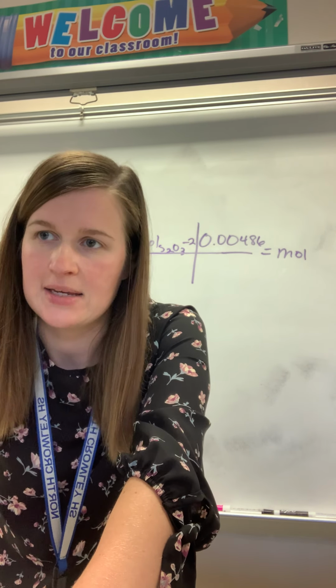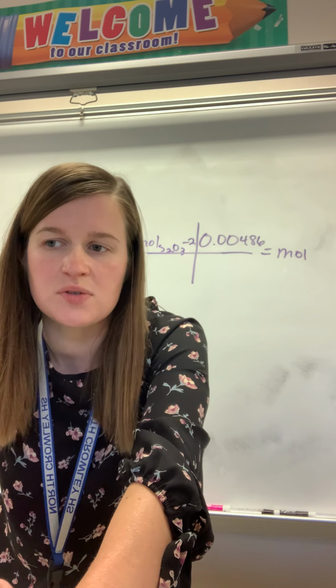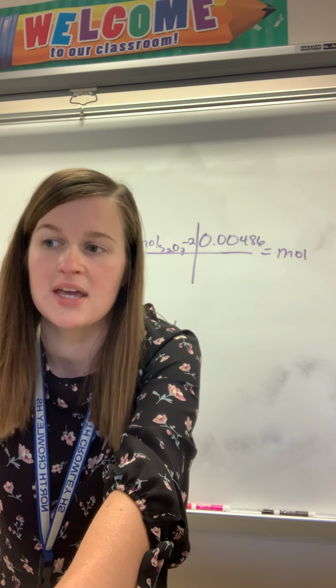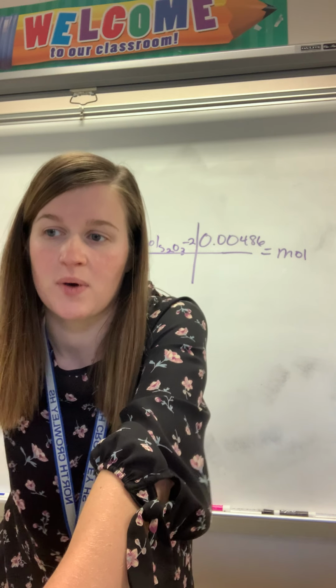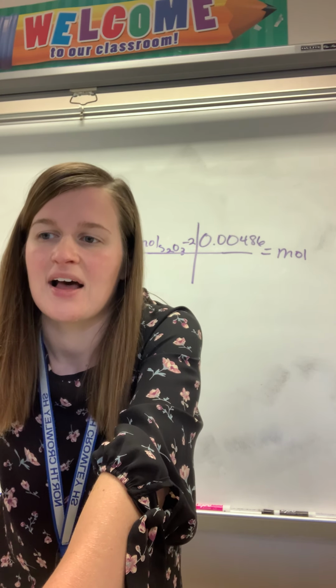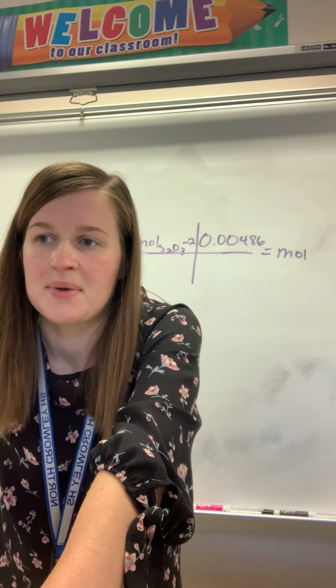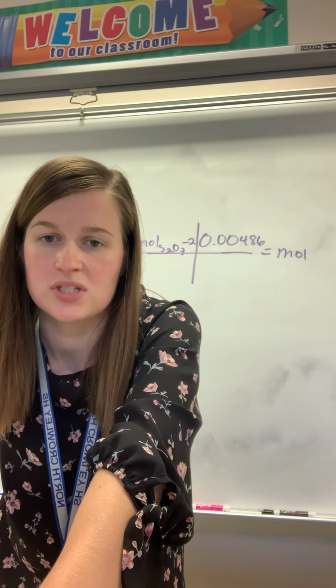Okay, so C is asking you, how would this result in B be affected if some I2 were lost before the S2O3 2- was added? So if you go back and look at that previous equation and you look at the I2, it is a product in the second equation. Everybody see that I2 aqueous solution is a product?